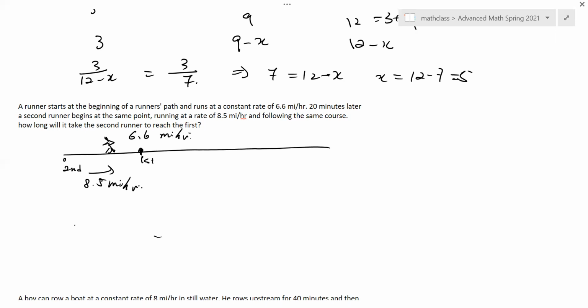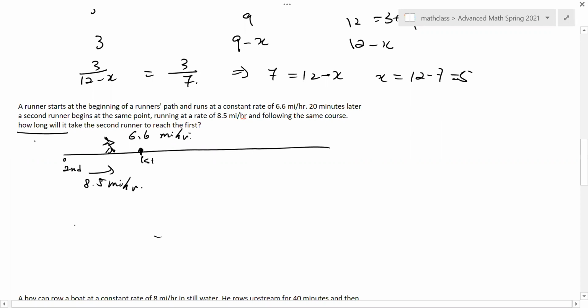We can do some computation. 66. What is the question? The question is how long it takes the second runner to reach the first one.